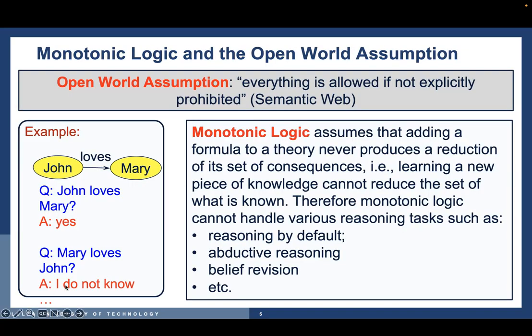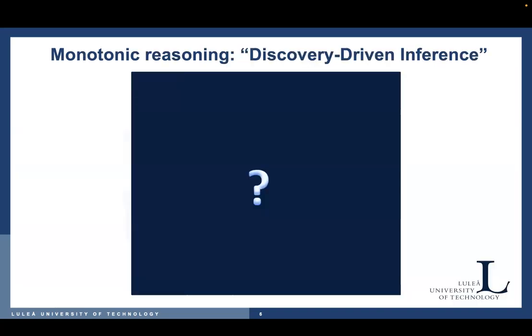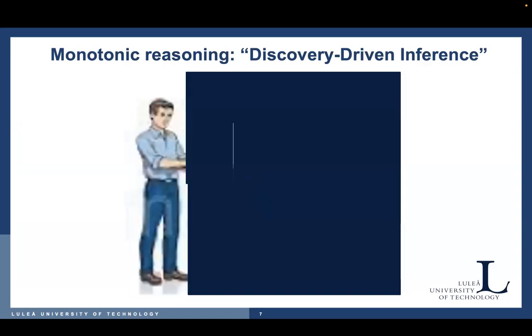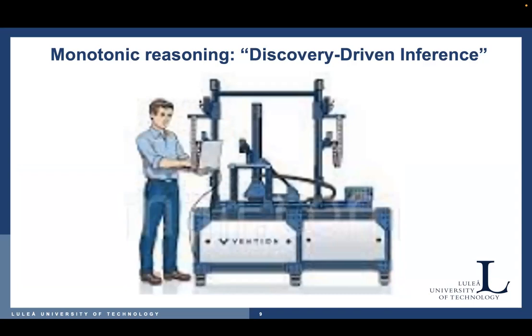And the type of reasoning that you can apply is called monotonic. It means that it's a discovery-driven inference. So you start with a certain description, and then you complement it on demand when needed. You complement your knowledge with new facts. Well, in this example about skills. But what about then?